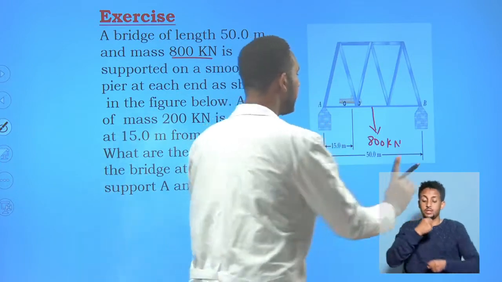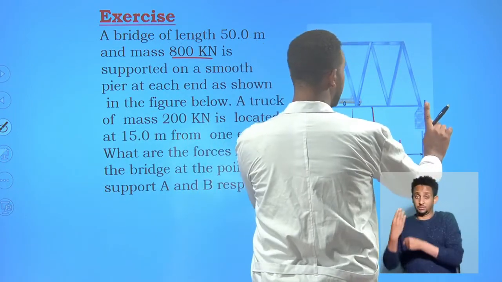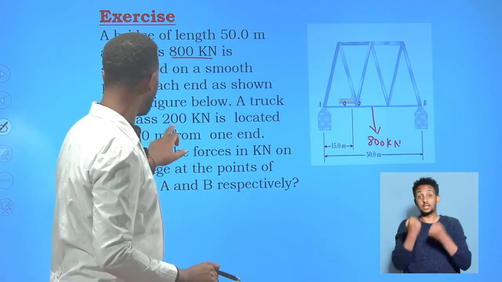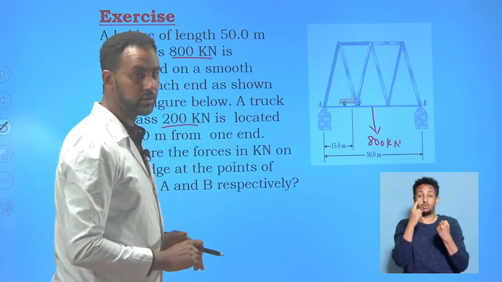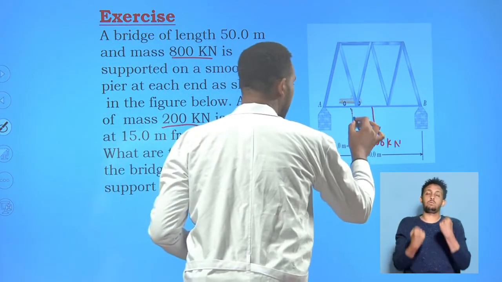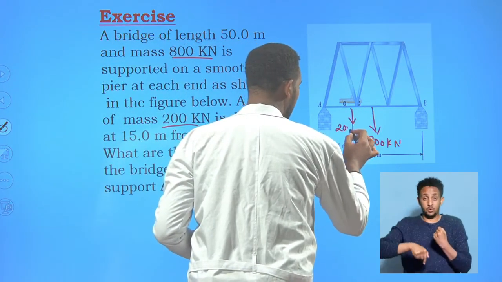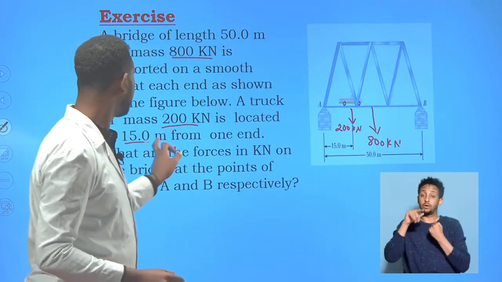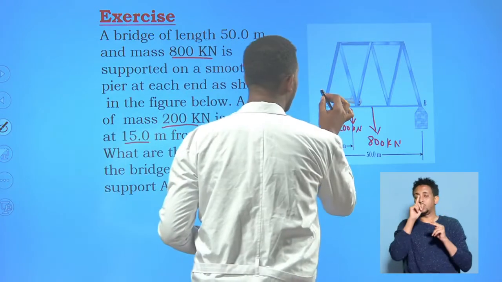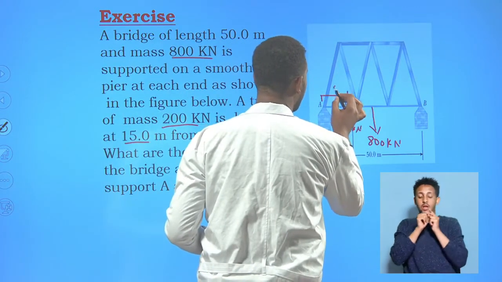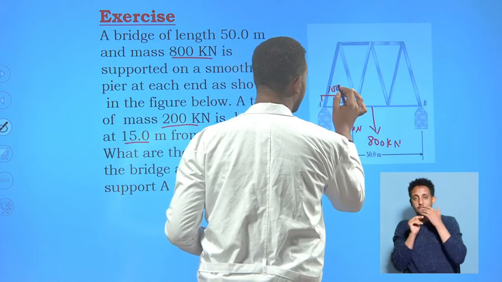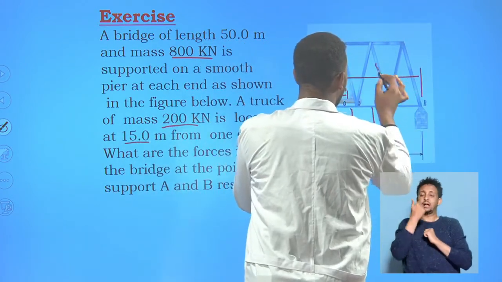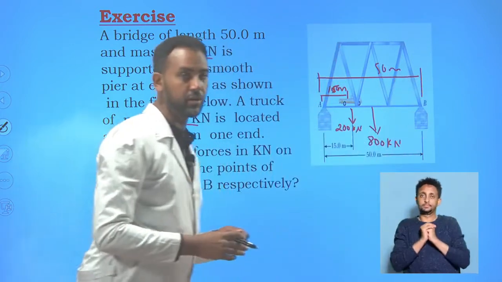Here we have support A and support B. These two supports must resist those forces. And there is another car or truck, and its weight is 200 kilonewton, acting downward. The truck is found at 15 meter from one end. From this end, it's found at 15 meter. And the bridge itself is 50 meter long.